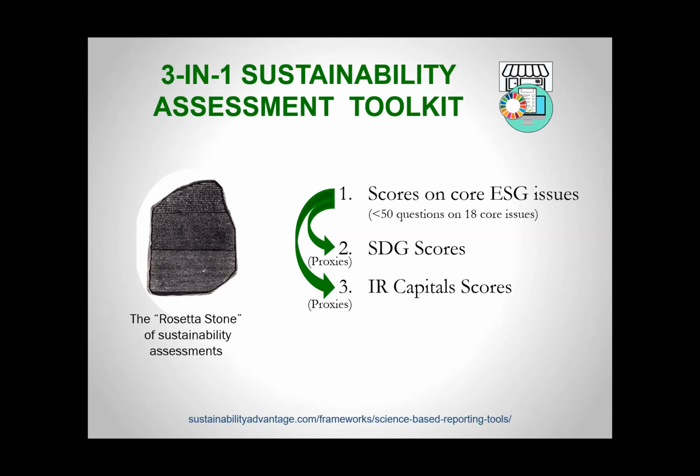And what you'll see underneath this descriptor is it helps you score how the company is doing on core sustainability issues, ESG issues. The unique thing about this is that I've designed it so it's got under 50 questions. It's got 36 questions now. My design point is keep it under 50.